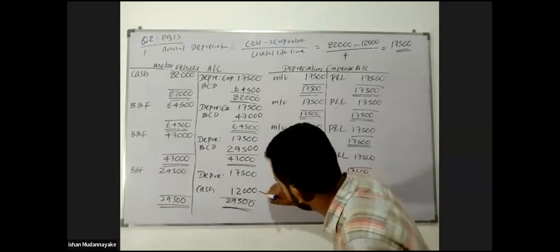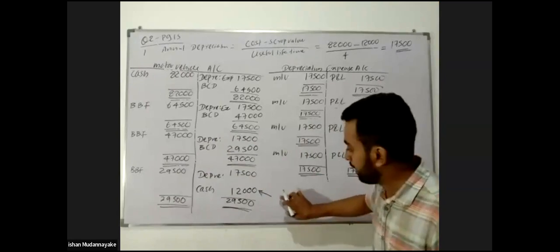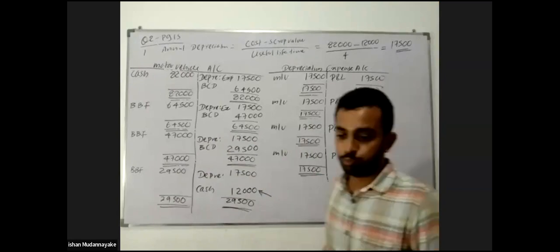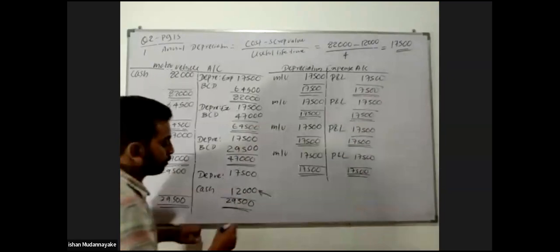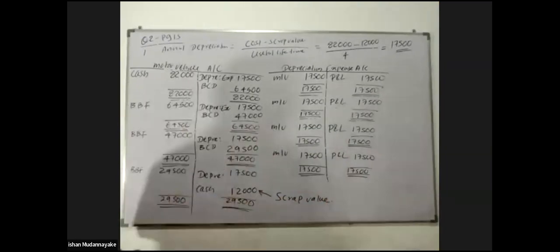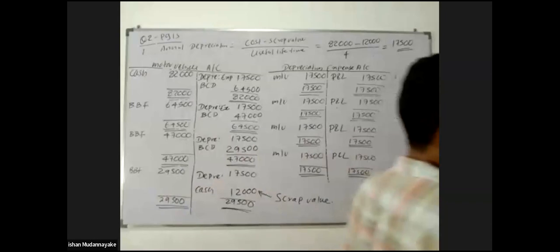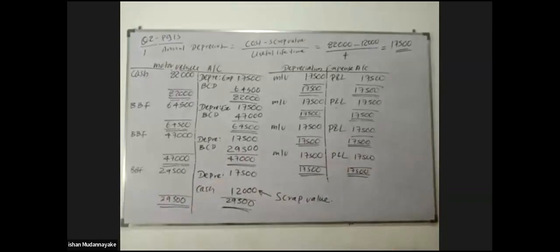Here, write down. Put an arrow and then write down in red pen, scrap value. Get the red pen and write down scrap value. Sale value at the end of the fourth year, 12,000.